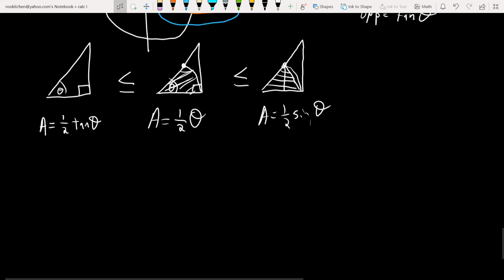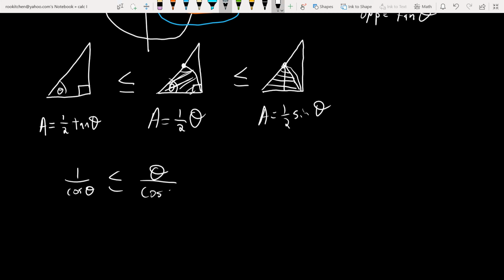In order to exploit the squeeze theorem, I'm going to divide everything by sine theta and multiply by 2. So 2 times 1/2, tan is sine over cosine, so if I divide by sine, I'll just have 1 over cosine, and then less than or equal to theta all over sine, rather. I'm dividing by sine, sorry.